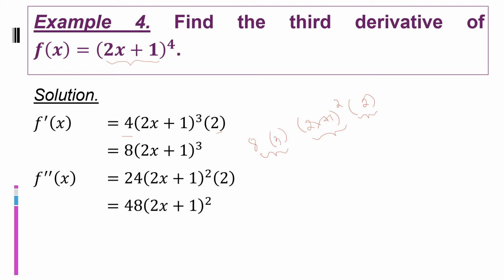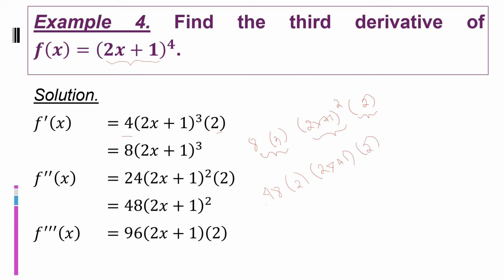And finally, the third derivative is, so we have 48 times 2 times 2x plus 1 raised to 1 na lang siya kasi nag-minus 1 times yung derivative ng 2x plus 1 is 2. So we have 48 times 2 is 96 times 2x plus 1 times 2, or that is 192 times 2x plus 1.